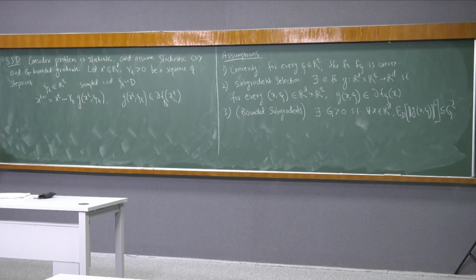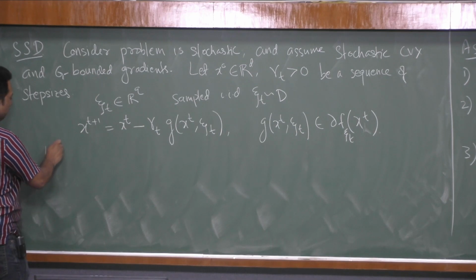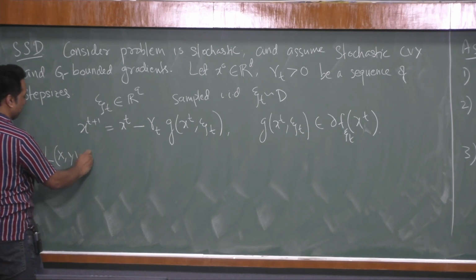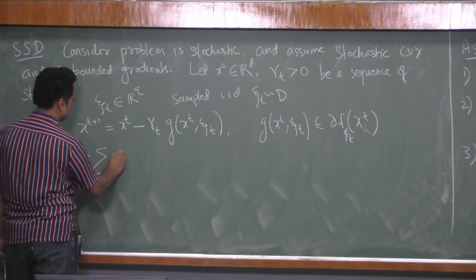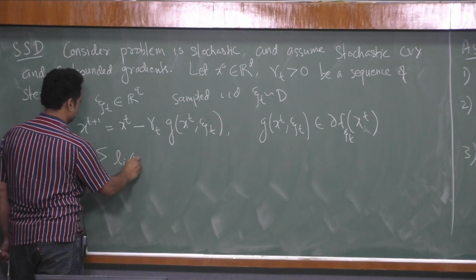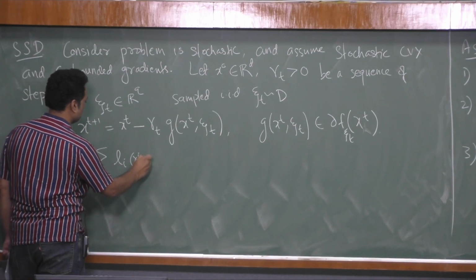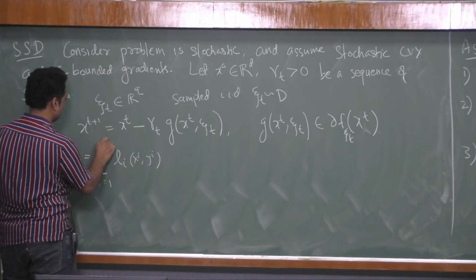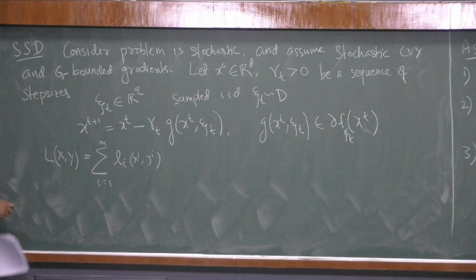So where does this arise in machine learning? Let us say I have the loss function calculated over the features x and the labels y, then this could be written as small loss functions l_i(x_i, y_i), i equals 1 to m, where m is the number of samples. So I can define them like that.